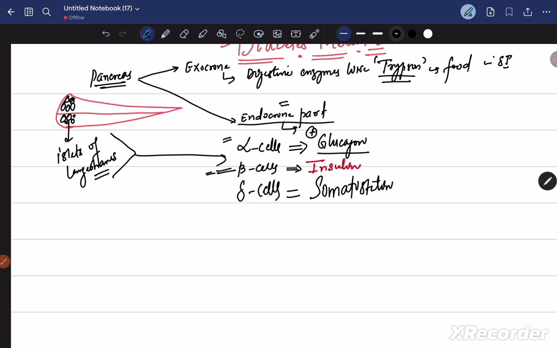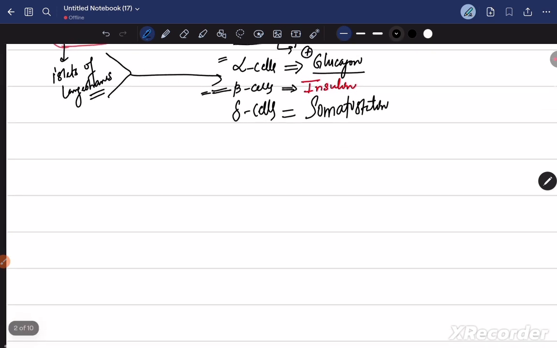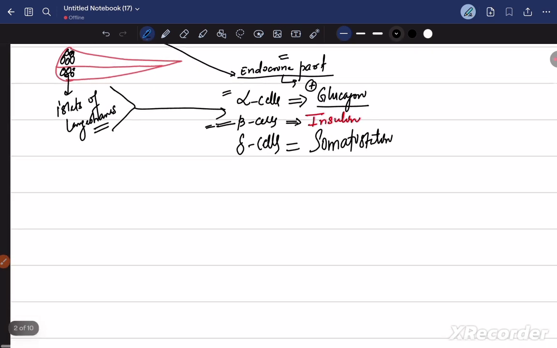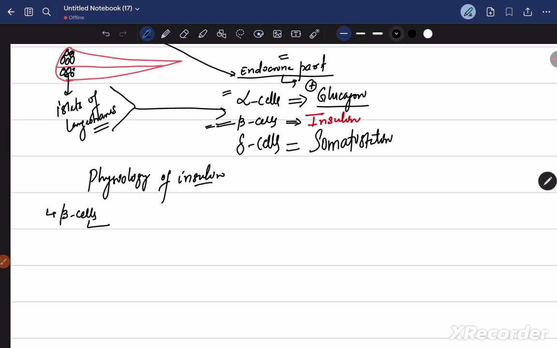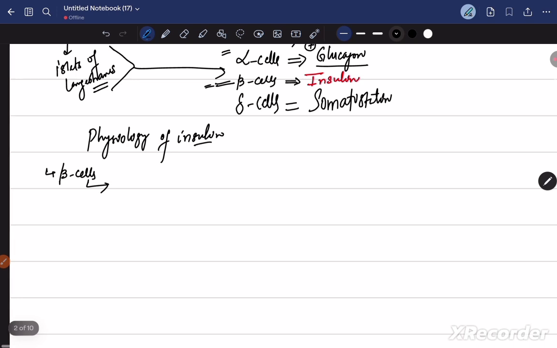Now let me discuss a bit regarding the normal physiology of insulin. When the beta cells inside the pancreas secrete what is known as proinsulin, what is this proinsulin?